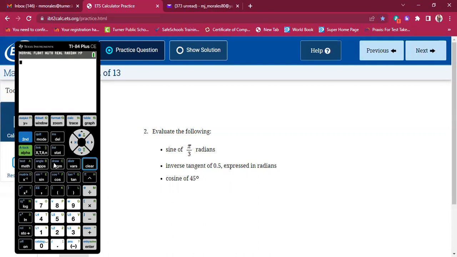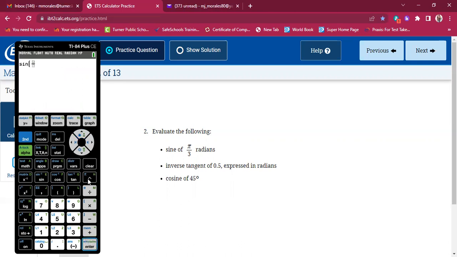So I'm ready to use my calculator to evaluate this example. We have here the three trigonometric functions: sine, cosine, and tangent. Sine is this one. Just press sine and then write pi over 3. I'm going to make use of a fraction: go to math, then arrow right, go up, then n over d.